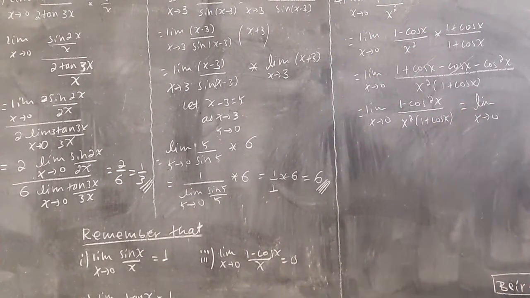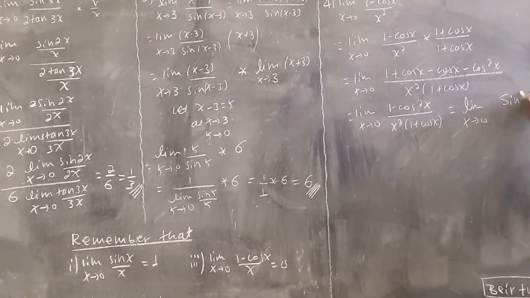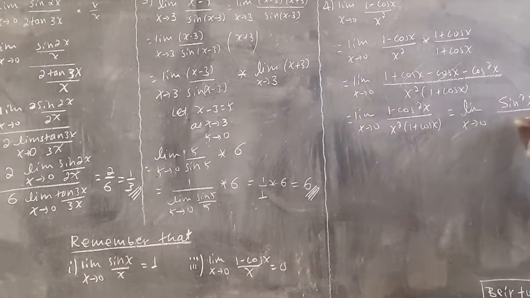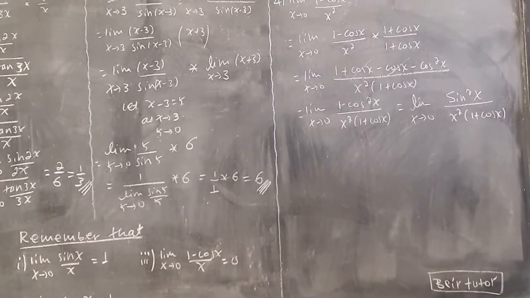Limit as x approaches 0. 1 minus cos squared x is sin squared x over x squared times 1 plus cos x.